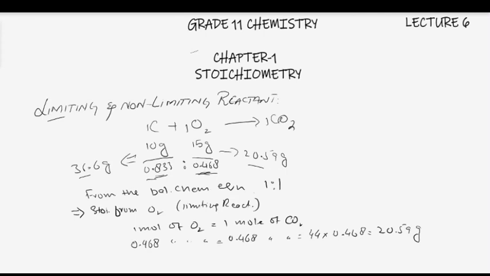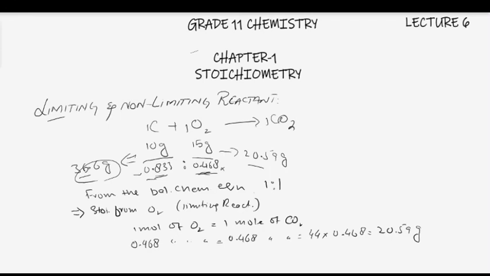But to produce 36.6 grams of carbon dioxide, we must have 0.83 moles of both the reactants. We have 0.83 moles of carbon, but we do not have 0.83 moles of oxygen, which means that practically the formation of 36.6 grams of carbon dioxide is not possible.